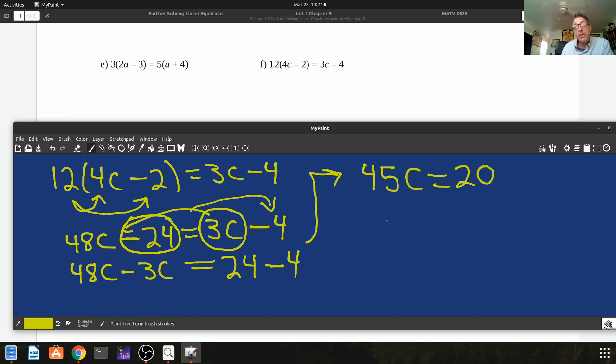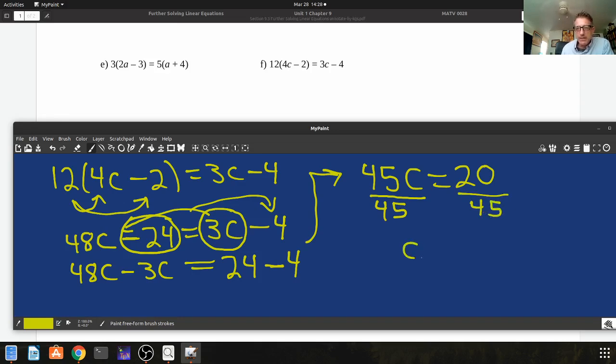So I know what 45c is. 45c is equal to 20, but I want to know what 1c is. So again, the coefficient of my variable c is 45. So I multiply both sides by 1 divided by 45, which is the same as dividing both sides by 45.